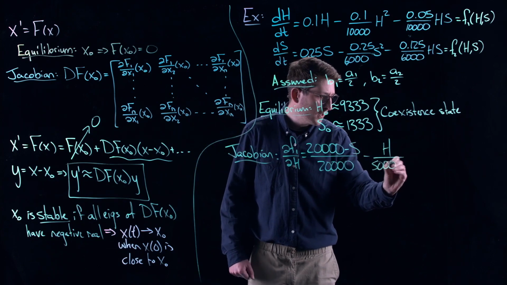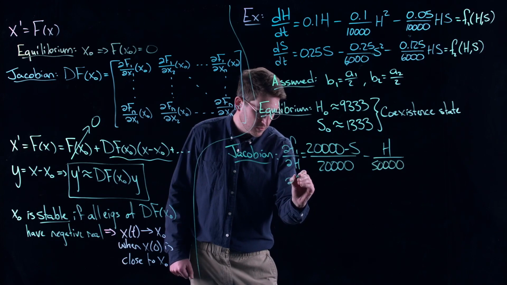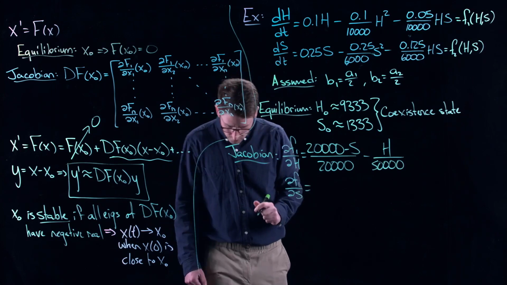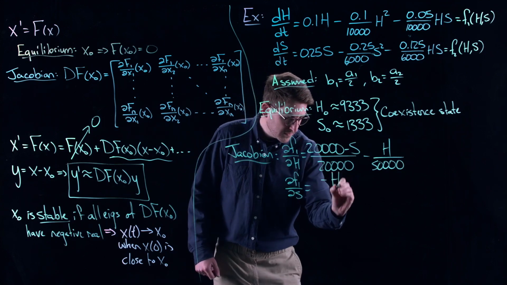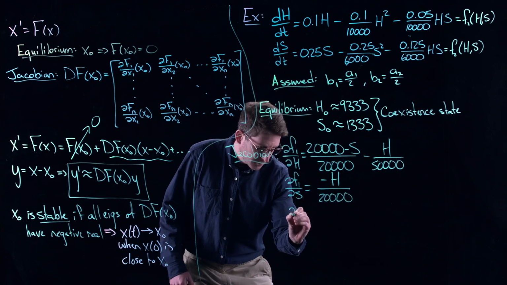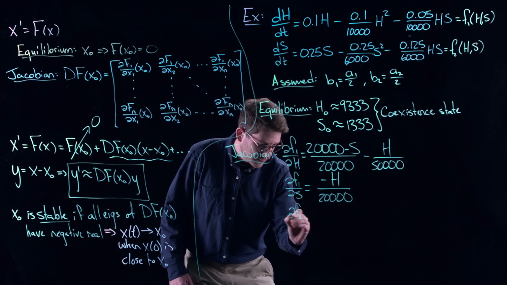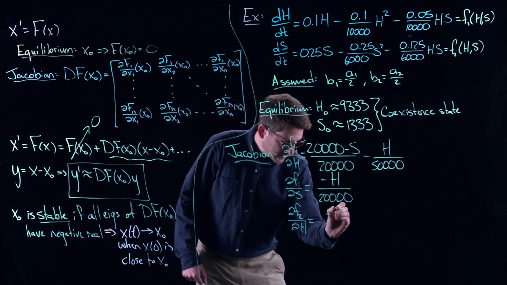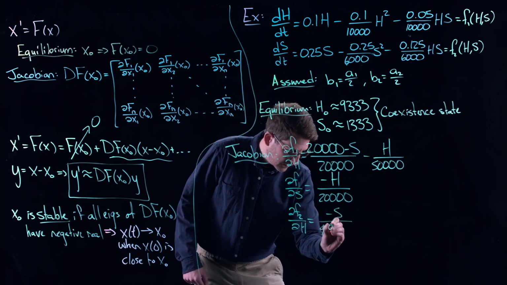So the numbers aren't pretty, but I think that you're probably used to these kind of ugly numbers by now, especially if you've been doing a lot of optimization leading up to this. This is minus H over 20,000. This is minus, okay, so the second partial derivative with respect to H, this gives me minus S over 48,000.